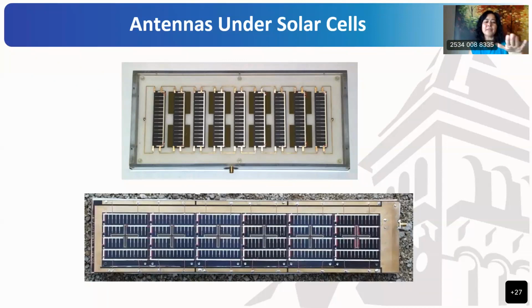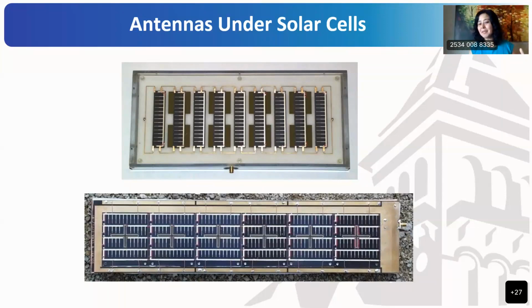Now, the good thing about this integration is that the antennas will not block the solar cells at all. And the solar cells also have relatively minimal effect on the antenna. The trade-off is you see all the gaps between solar cells. You need to leave some gaps so that it doesn't block the antenna, so leaving some gaps makes assembling a solar panel less efficient.